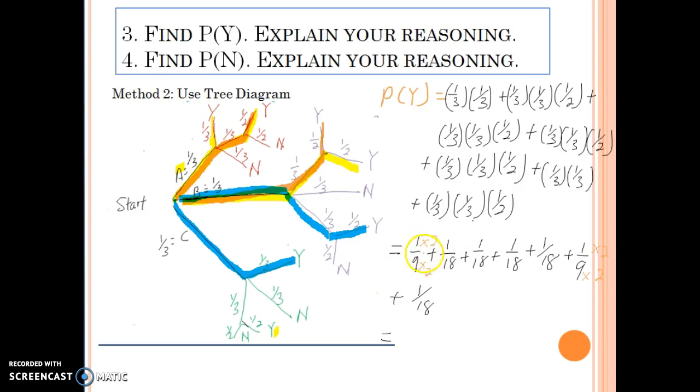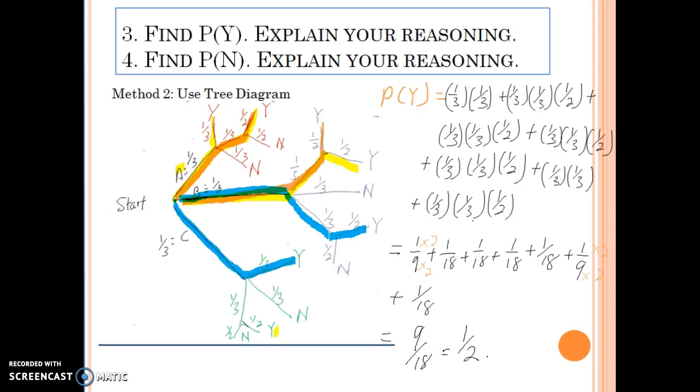After the denominators are equal, you can add the numerators, which is 2 plus 1 plus 1 plus 1 plus 1. 2, 3, 4, 5, 6, 7, 8, 9. So it's 9/18, which is also equal to half. This is just the probability of getting a yes using a tree diagram.